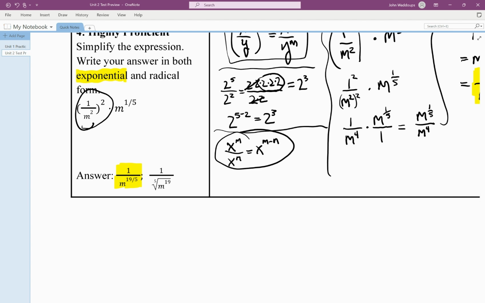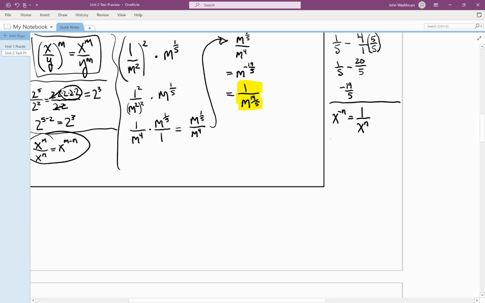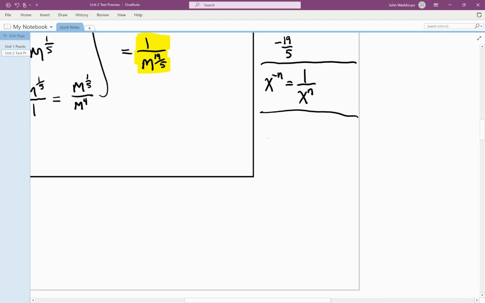For this, we go back and remember that if I have b raised to the x over n power, that's equal to the nth root of b, with n being the index, and the b is still raised to the x, so b to the x.